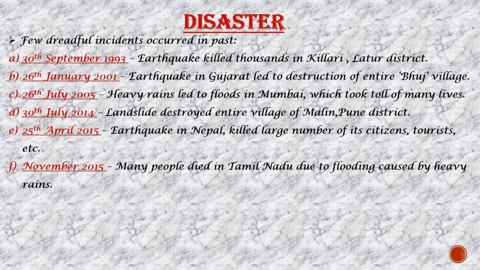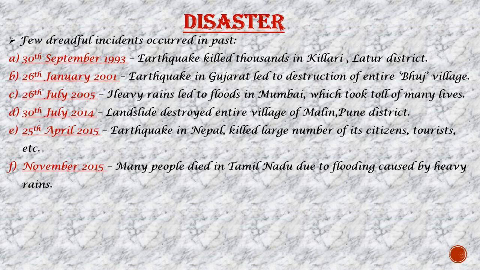Now students, let us first discuss a few dreadful incidents that have occurred in the past. On 30th September 1993, an earthquake occurred in Latur district, in Killari, which killed thousands of people. On 26th January 2001, the earthquake in Gujarat led to destruction of the entire Bhuj village.